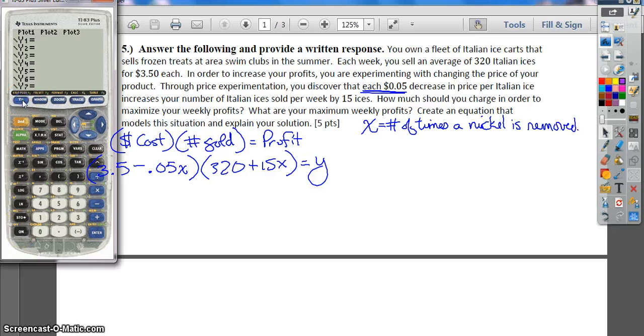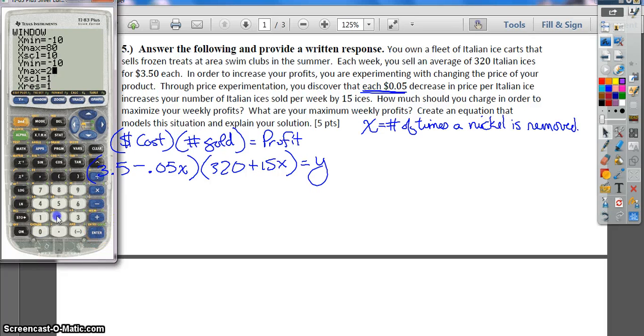I'm going to go y equals (3.5 minus 0.05x) times (320 plus 15x). My window dimensions, I'm going to go out to, I think it was 80, scale of 10.